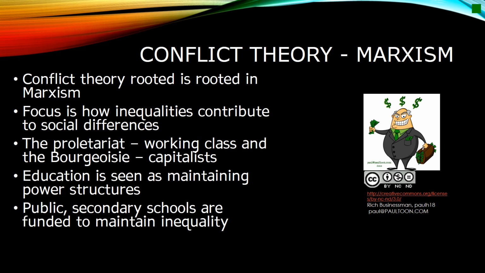Functionalists claim that schools sort students based upon merit, and conflict theorists argue that schools sort students along distinct class and ethnic lines. Conflict theorists do not see education as a social benefit or opportunity, but rather as a powerful means of maintaining power structures and creating a docile workforce for capitalism.